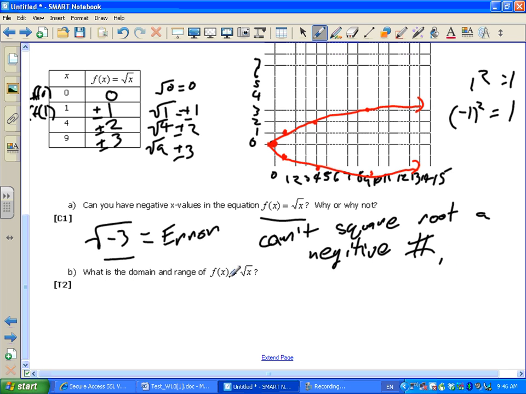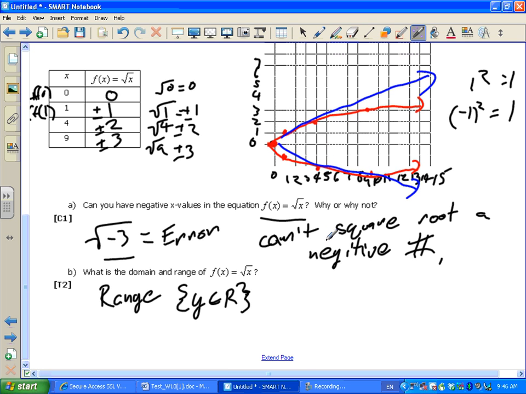What is the domain and range of this function? I'm going to go with the easier one first. Because it's a sideways parabola, instead of the domain being every real number, what's going to happen is the range will be y is a set of all real numbers. And what that means is these arrows will go forever upwards and forever downwards. They'll never stop.